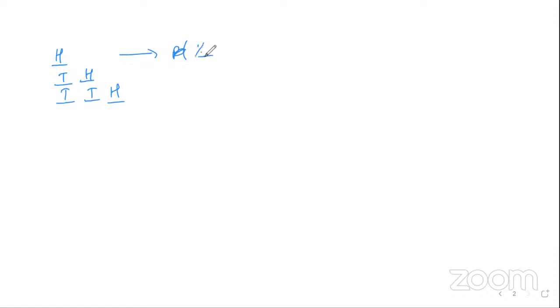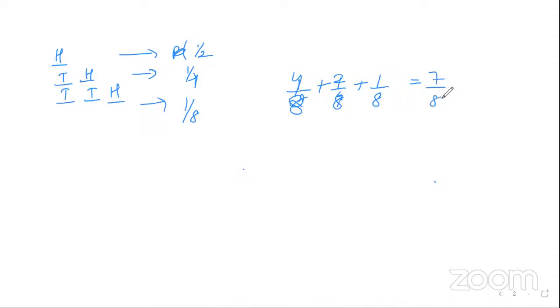It is 1 by 2. Right? What is the probability that you get the first hit on the second trial? 1 by 2 into 1 by 2, which is 1 by 4. And this is 1 by 8. Right? So if you add 1 by 2 plus 1 by 4 plus 1 by 8, you are going to get 4 upon 8, 2 upon 8 and 1 upon 8. So it is 7 by 8.